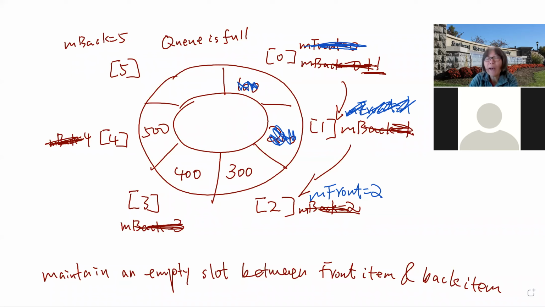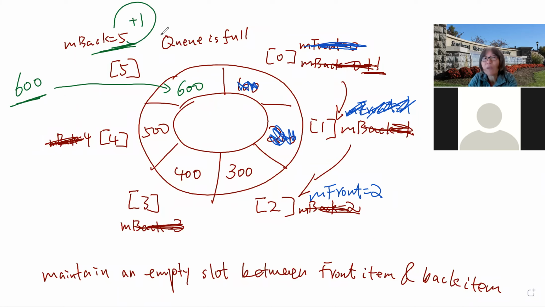Now I want to add, suppose 600. Where can I add? Of course, you can add here. I add 600. The back index, by previous, it's +1. +1 is 6, but we don't have 6.